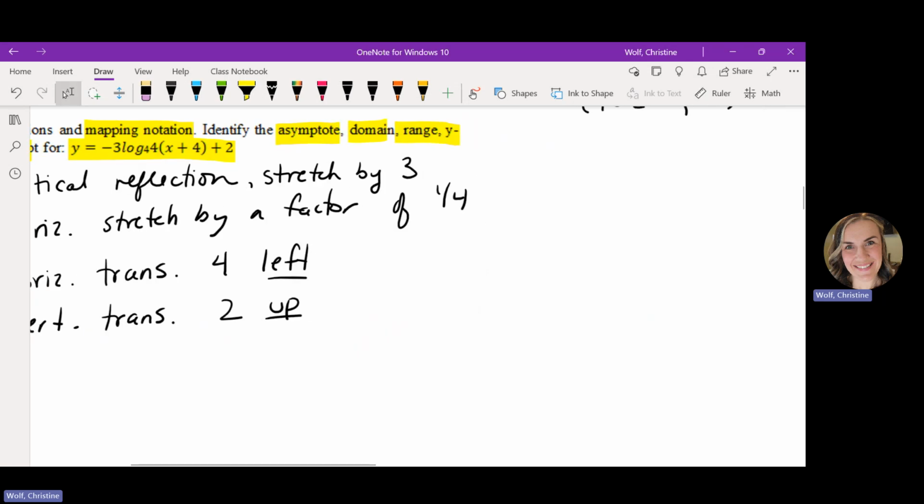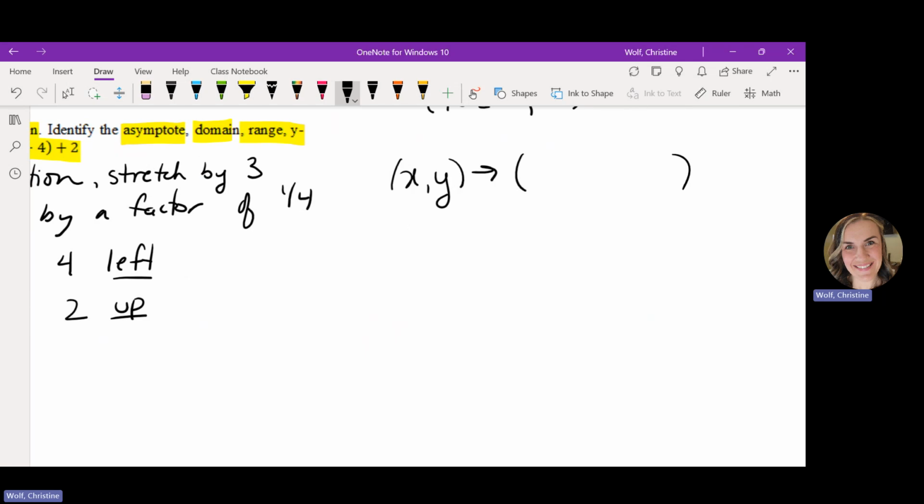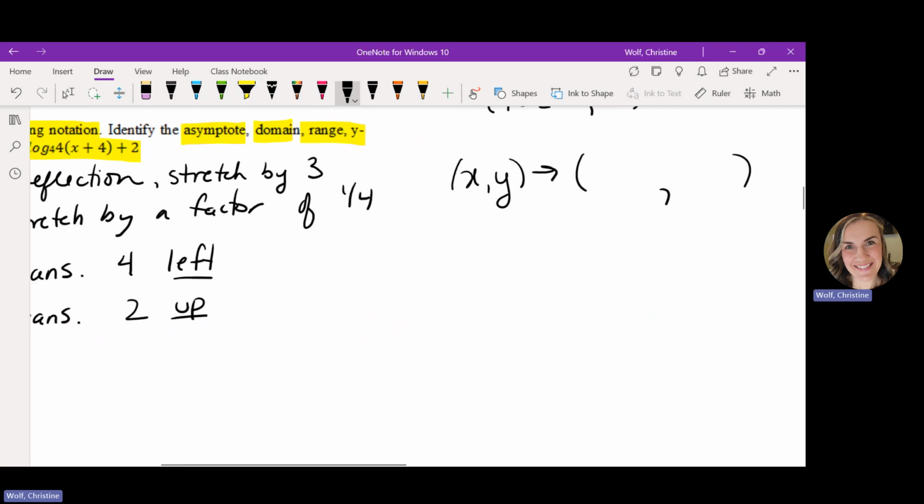Now we're going to state what the mapping notation would be. So my xy would become what? Okay, so my new x coordinate has been affected by a horizontal stretch by a factor of 1/4. So all of my x values are multiplied by a quarter.